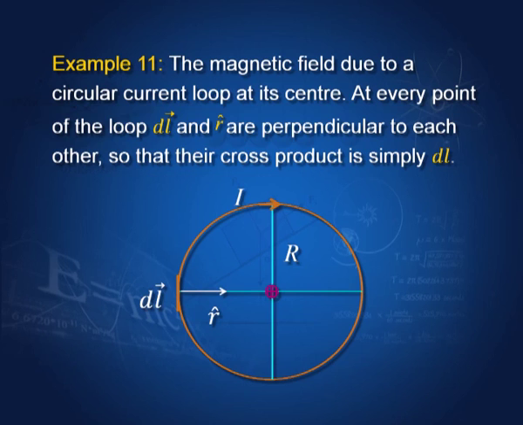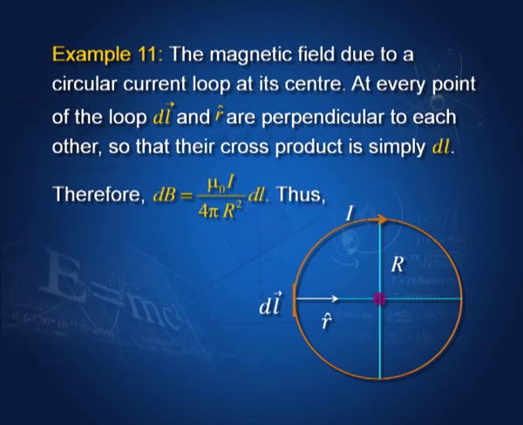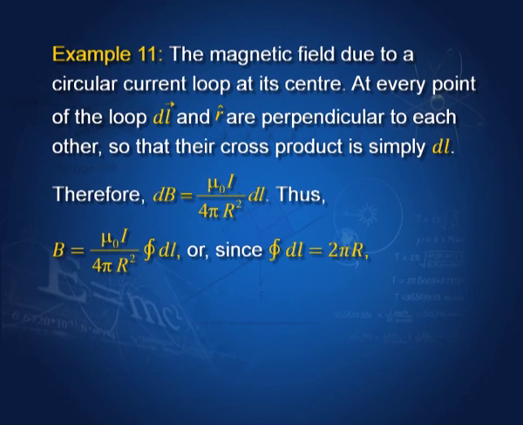Let us now apply Biot-Savart's law to a circular current I going in this clockwise direction. It is very simple because d l cross R cap is simply d l, in this case. So, the d B is mu 0 I by 4 pi r squared d l and we integrate over d l, because I is constant, R is constant.